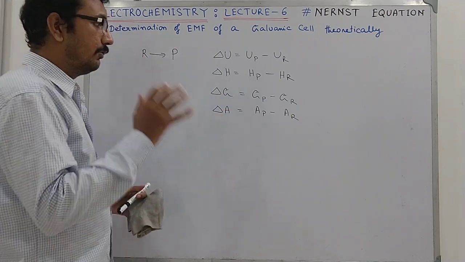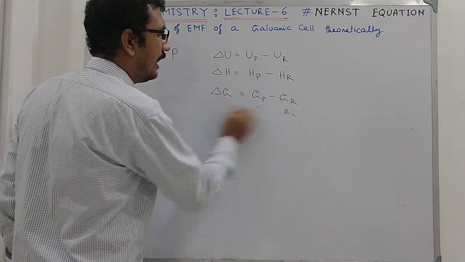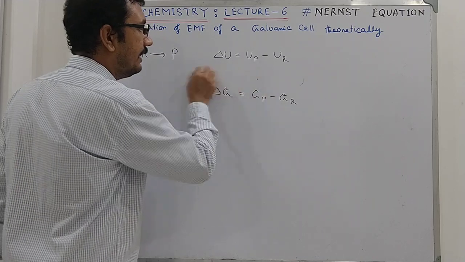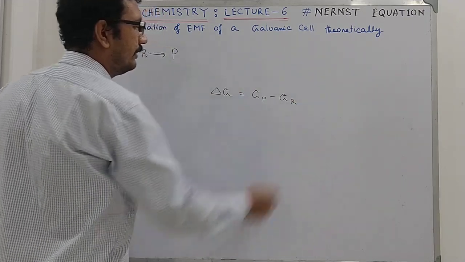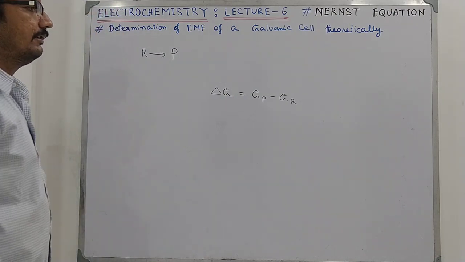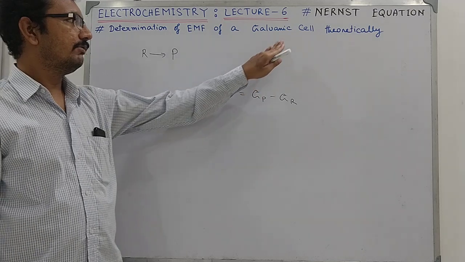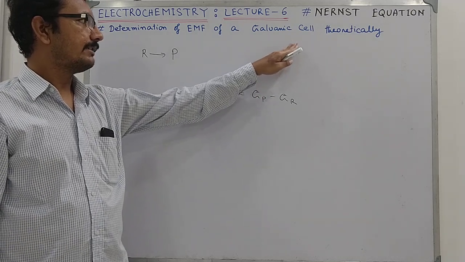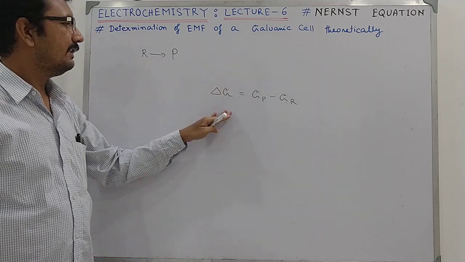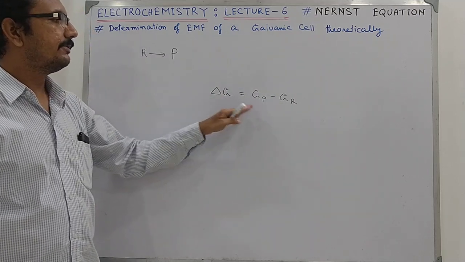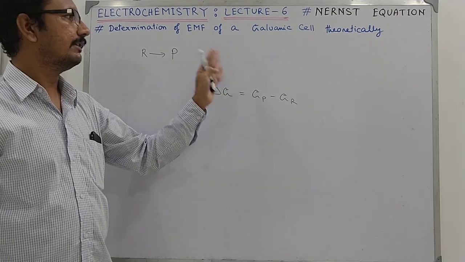It was Helmholtz who first identified that it is the change in the Gibbs free energy which is responsible for conversion to electrical energy, so that what you get as an output from a galvanic cell is actually the change in the Gibbs free energy of the reaction that is occurring within the galvanic cell.